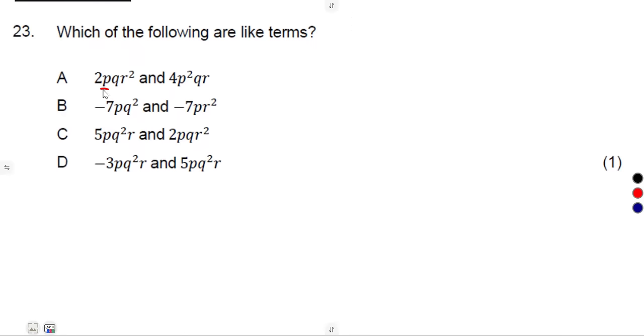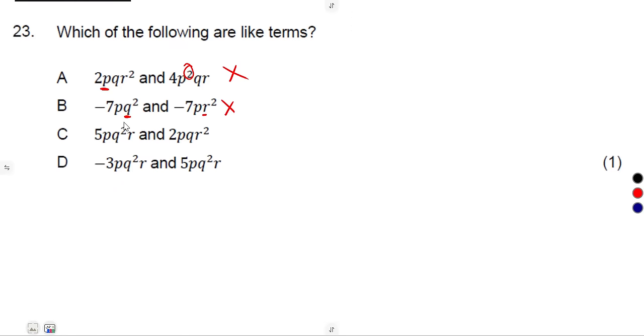There is a p squared, that alone is totally out, because of those exponents being different. Here there is a q squared. Here there is r squared. It's not the same.